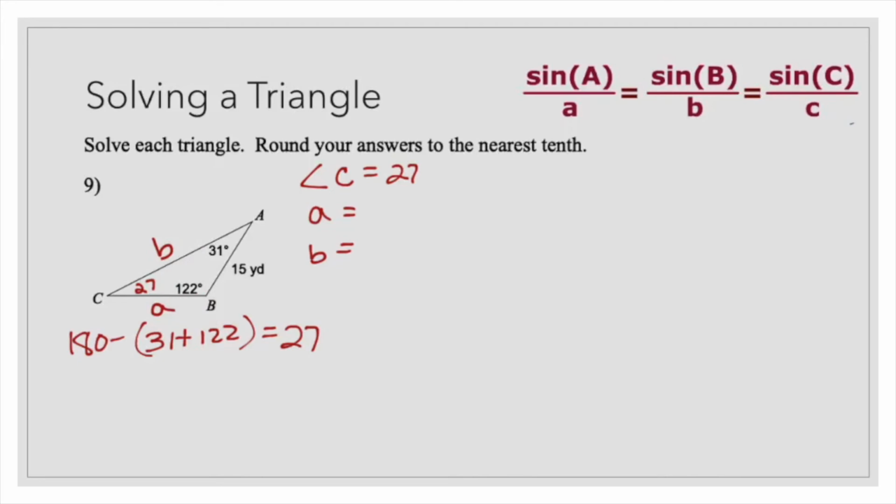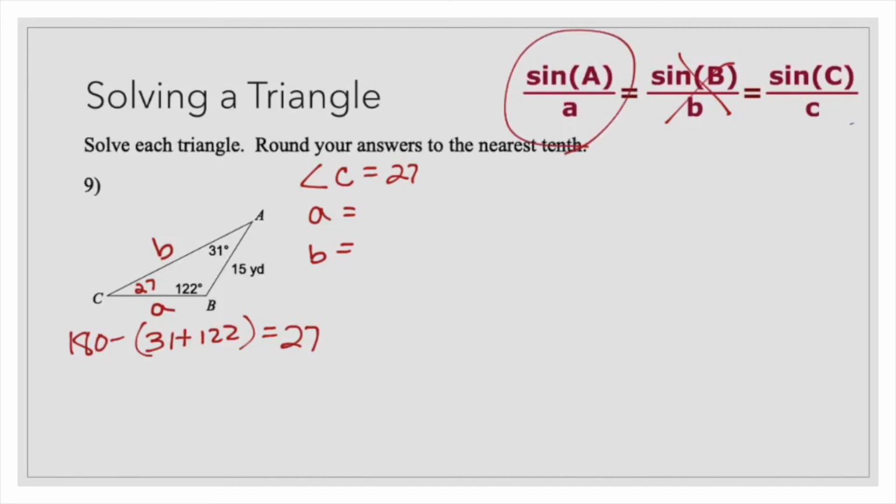So I will have the 27 and the 15 together, and I'm going to need that. So I definitely will need to use that 27. So I'm going to look for the A next. It's in my order. And so I'll have sine 27 over 15. We'll go with the sine 31 over the A. And I won't use the B right now.